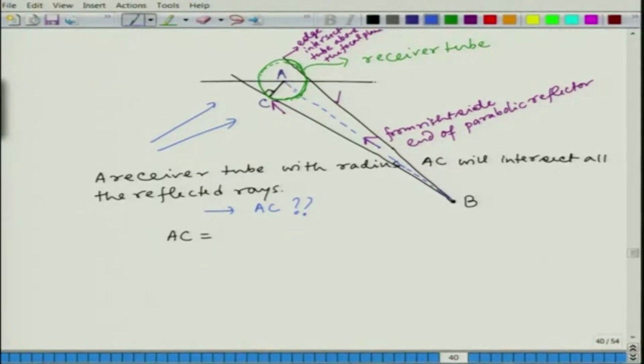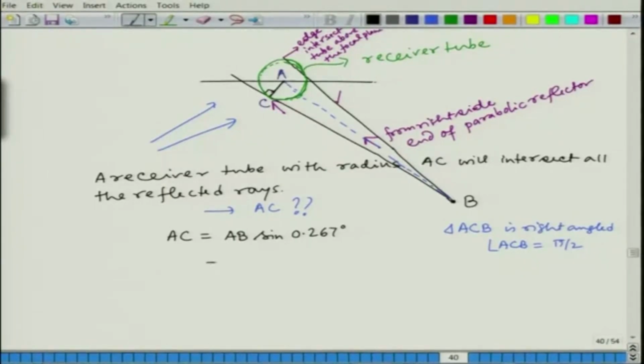So, this ACB is a right angle triangle, where the angle ACB is the right angle. Okay. So, now if we want to know what is AC, that is nothing but AB sine of this half angle, which is 0.267 degree.